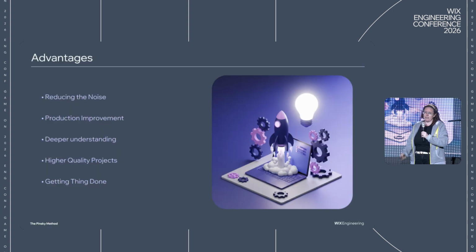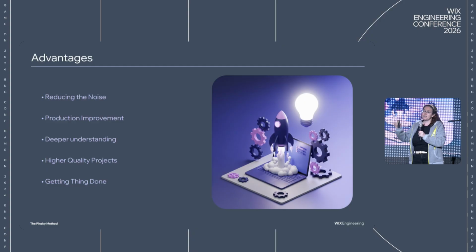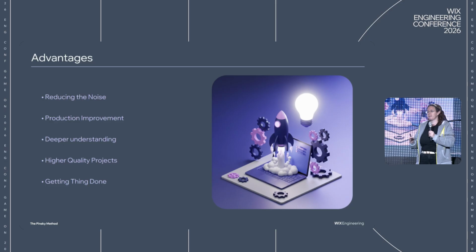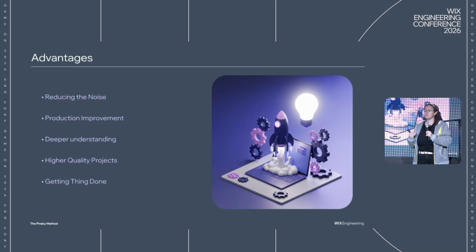And we see a lot of advantages to this system. So it definitely reduces the amount of noise we have. We also see that production improves because we keep working to improve our production. We have someone dedicated to it, and also the knowledge of production really improved because everybody in the team does this week when they are the ones responsible, so everybody knows production very well.